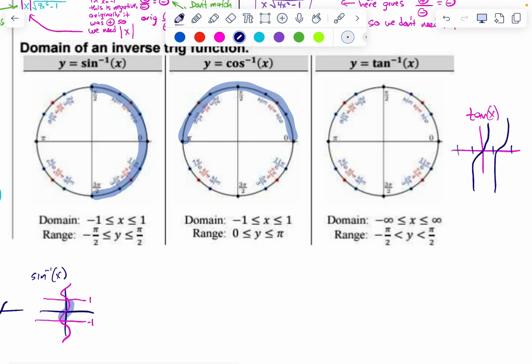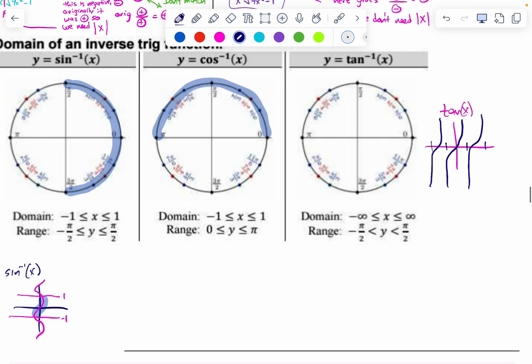Where are those little hashtag marks? Where does tangent have vertical asymptotes? Pi over 2 because the denominator is 0, right? Sine over cosine, it's wherever cosine is 0.